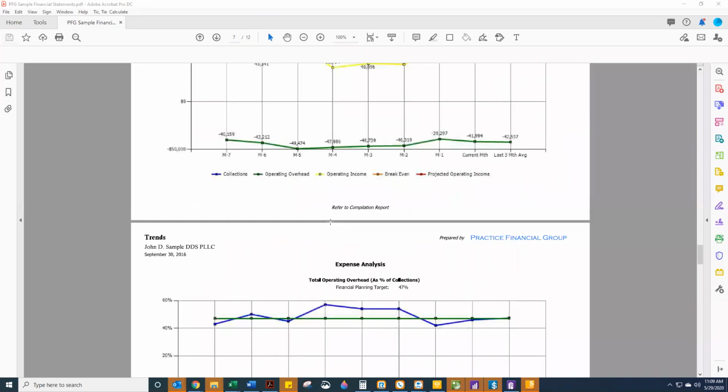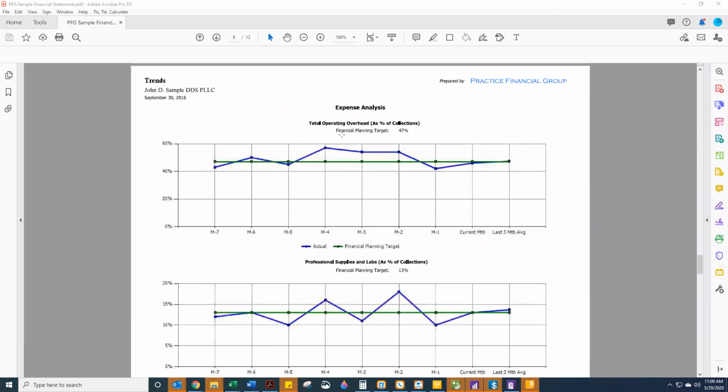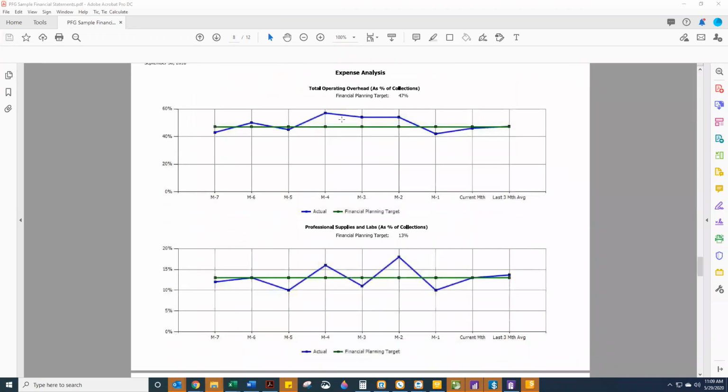Okay, same thing on this page. The goal on these two graphs is to try and keep the blue number, which is the actual, underneath our target goal, right?